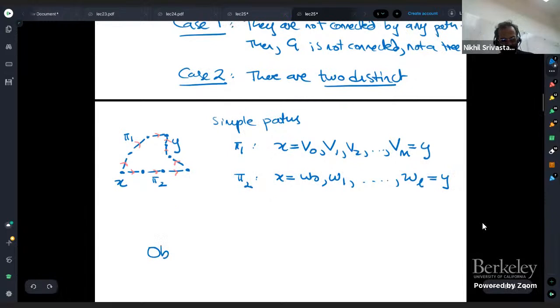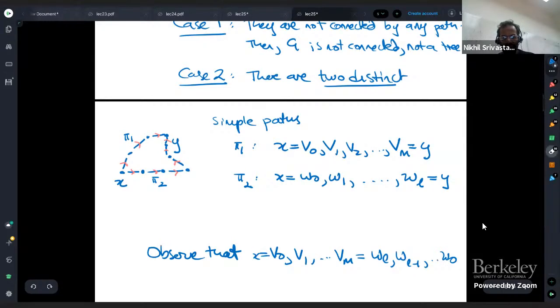So observe that v naught, v1, all the way to vm, and then now you go backwards. So vm is equal to y, which is equal to wl, and now you start going backwards. So this is equal to x.